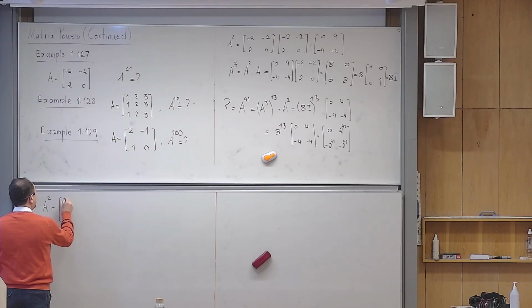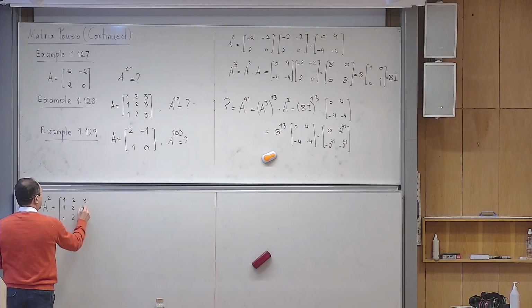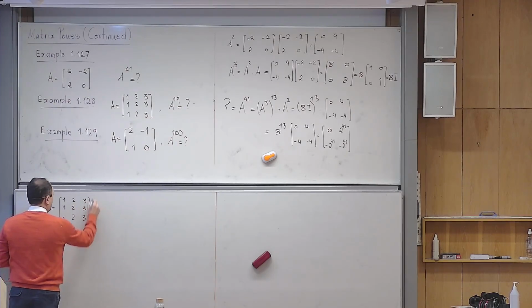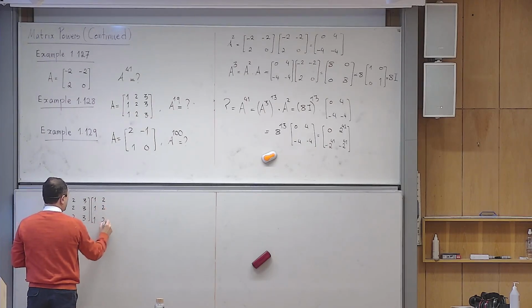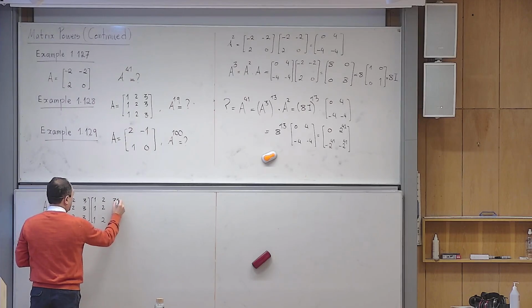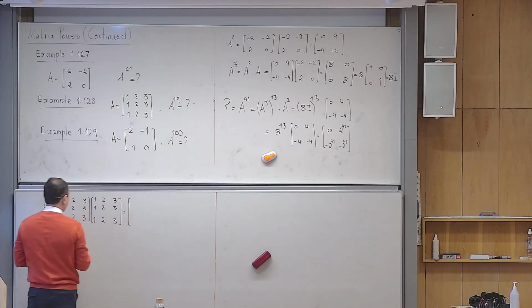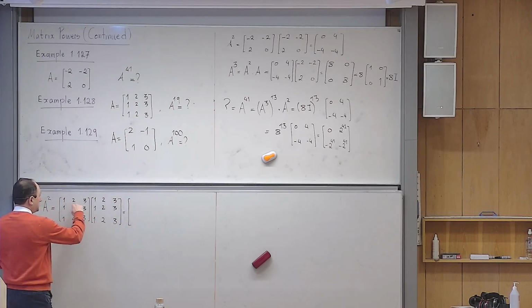I think this is simple to see, probably the pattern, yes? Because if I take this 1, 1, 1, 2, 2, 2, and 3, 3, 3, and I multiply it by itself, 1, 1, 1, 2, 2, 2, and 3, 3, 3. Let us see how it goes. So this is multiplied here. So what's the answer?